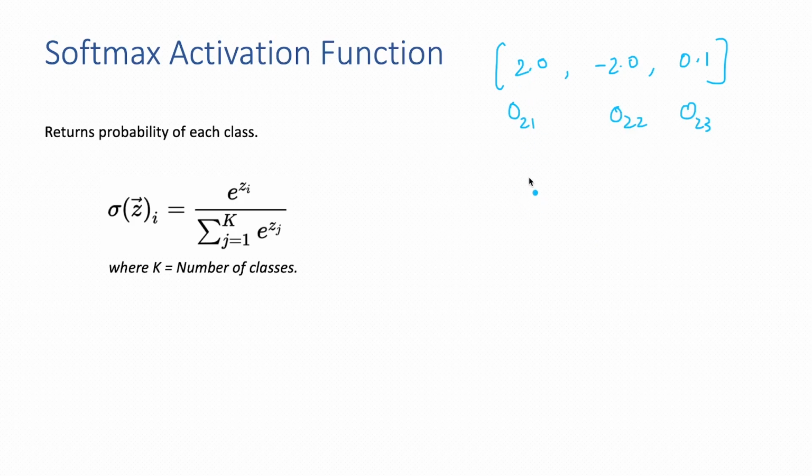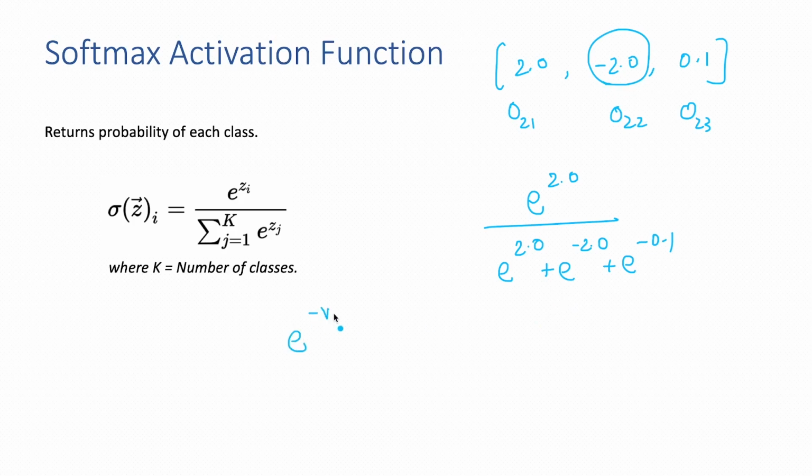Now we are calculating the individual probabilities as e to the power of 2.0 divided by the summation, or instead of writing this as a summation, I can simply consider e to the power of 2.0 plus e to the power of minus 2.0 plus e to the power of 0.1. Okay, so any negative logit value now is going to be positive in nature, since e to the power of any negative value is always going to be a positive value.